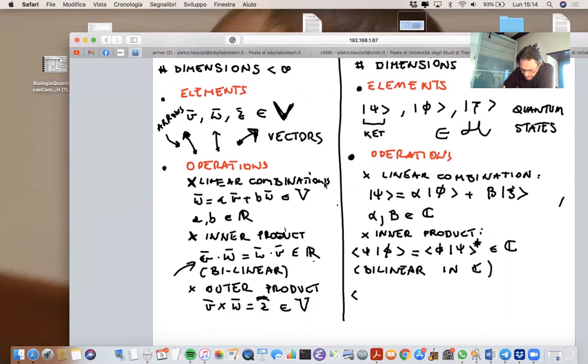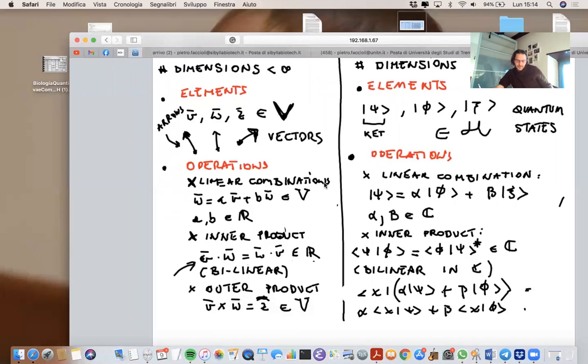For example, I have that chi of alpha psi plus beta phi, well, that's linearity: chi of alpha psi plus beta phi equals alpha chi psi plus beta chi phi, and so on and so forth. The linearity on the other side, of course, involves the complex conjugation.